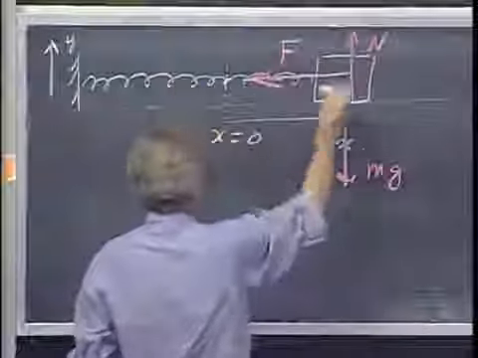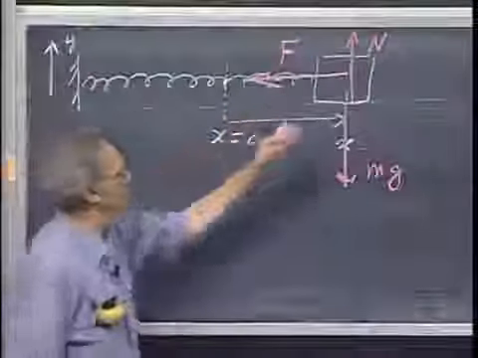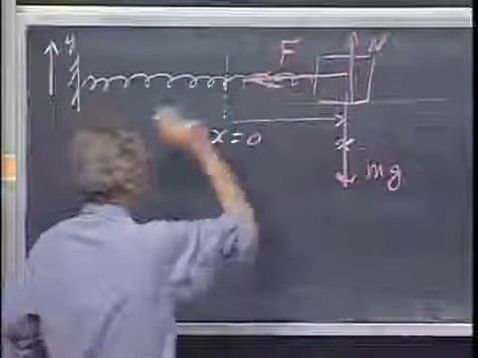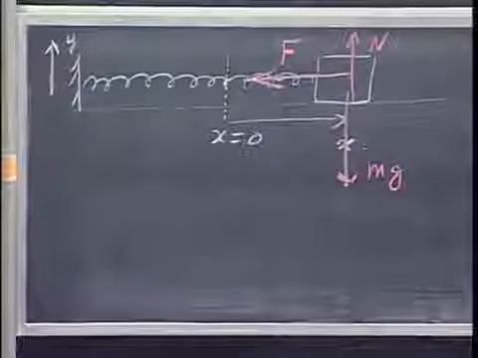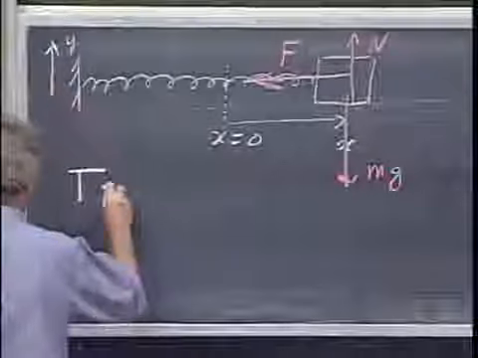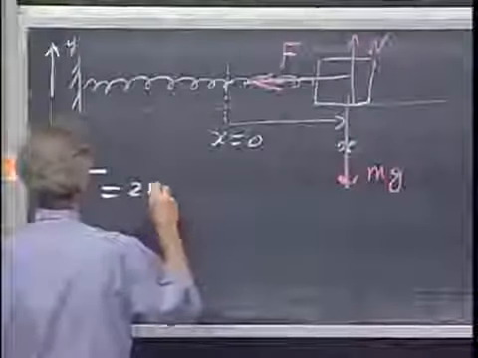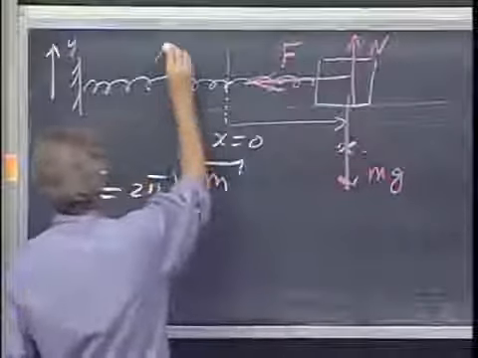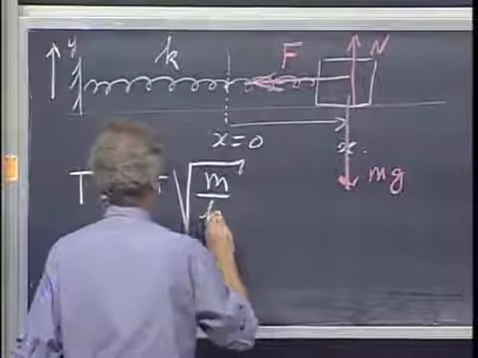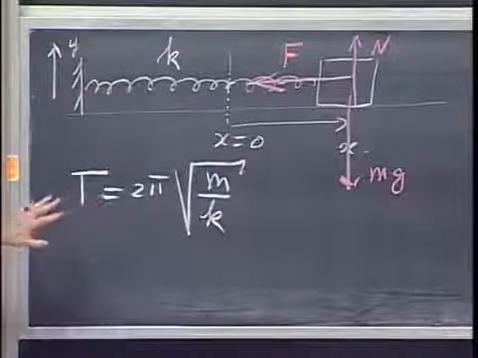If I let this thing oscillate, I release it, it will start to oscillate about this point, back and forth. Then, as I will show you now, you will find that the period of oscillation, the time for one whole oscillation, is 2 pi times the square root of the mass m divided by the spring constant k. I will derive that. You will see that shortly.